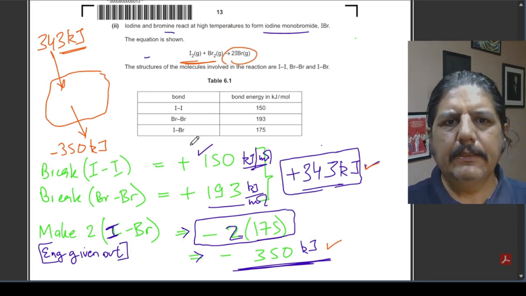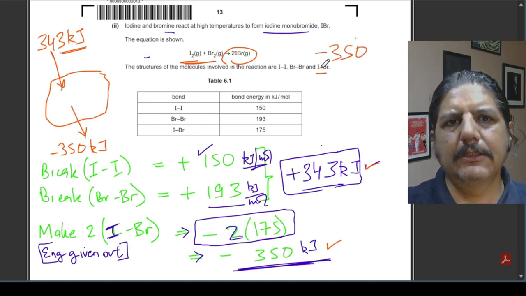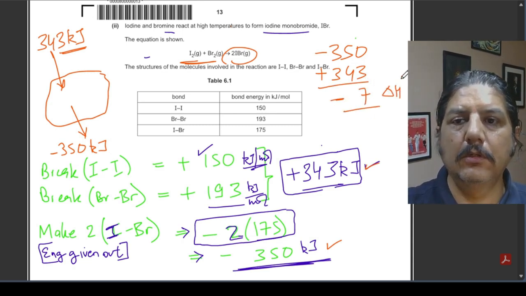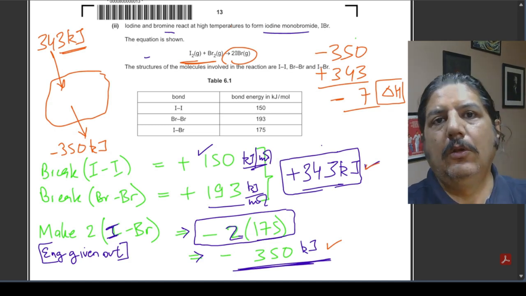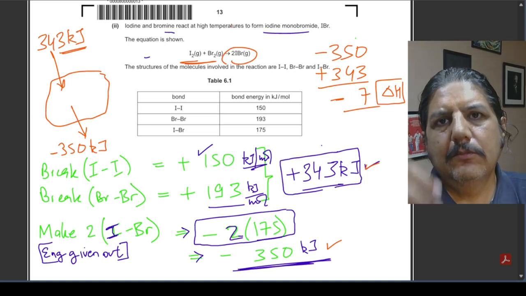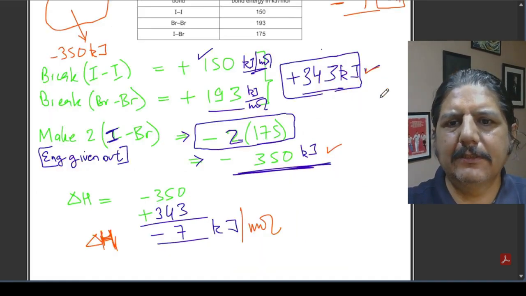So the net energy which is released, because in this case the negative sign is more than the positive side, we will see that 7 kilojoule is the amount of energy which the system would release. So our answer would be delta H would be minus 7.